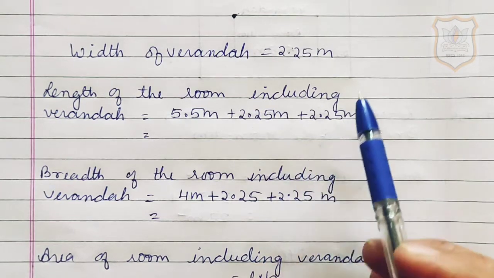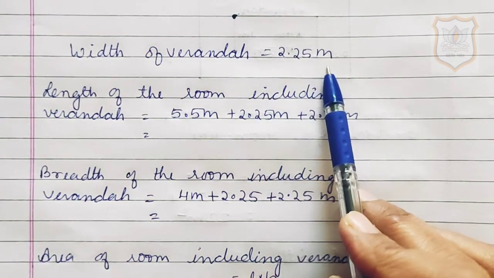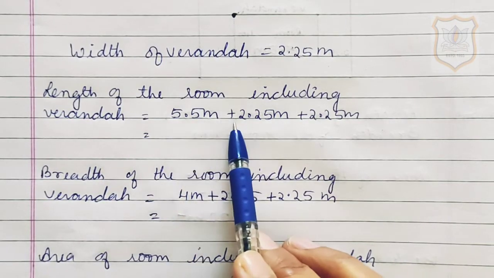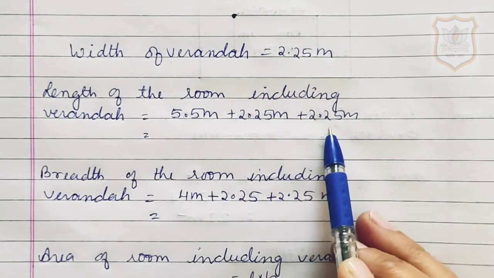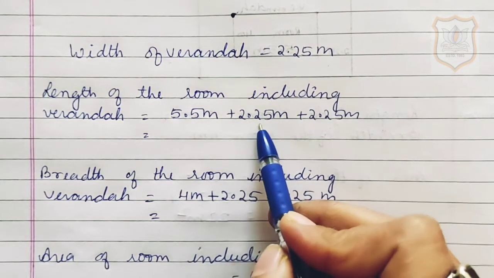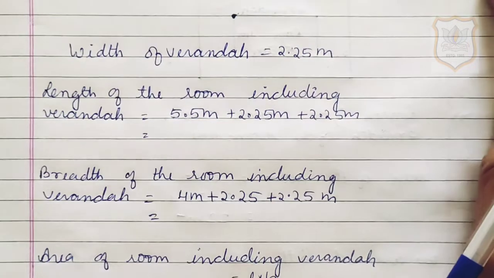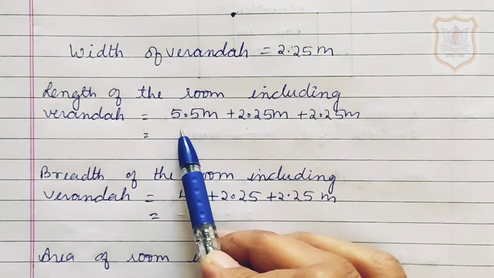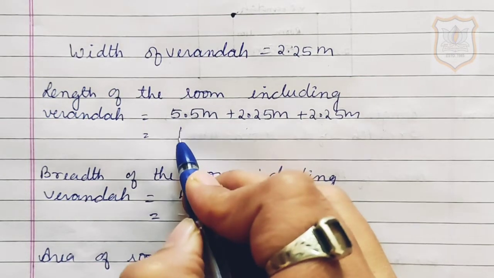Width of the veranda is 2.25 meter, it's given in the question. Length of the room including the veranda will be 5.5 meter plus 2.25 meter plus 2.25 meter. By adding this, 2.25 and 2.25 will be 4.50, and 4.50 plus 5.5 will be 10 meter.